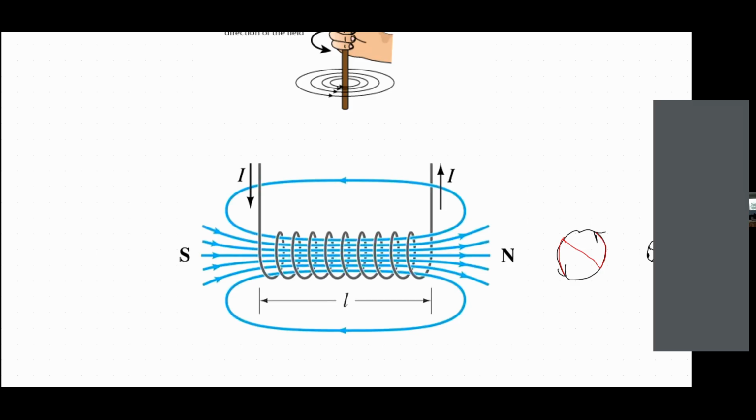If, however, you look at it from the other end, at the south end, and you look at this circle, can you see that the current is apparently going clockwise from here?